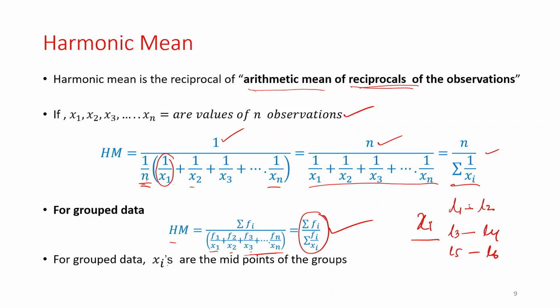Now the midpoints of these groups are x1, this one is x2, this group is x3, and it goes on. So if it is a group, it has a lower boundary and an upper boundary, or lower limit and upper limit. And midpoints are the middle point of those lower and upper values. There are x1, x2, up to xn.